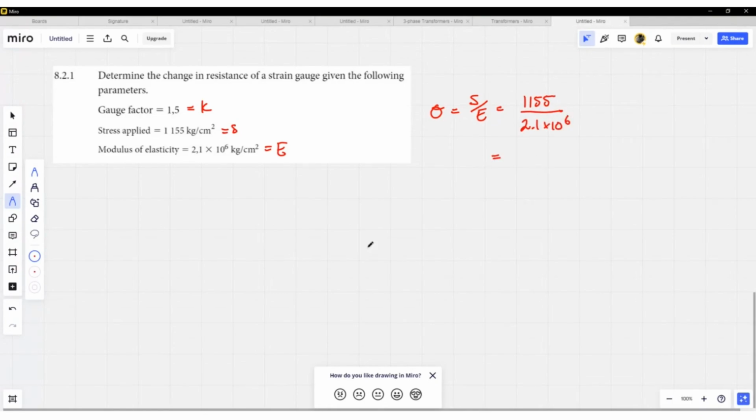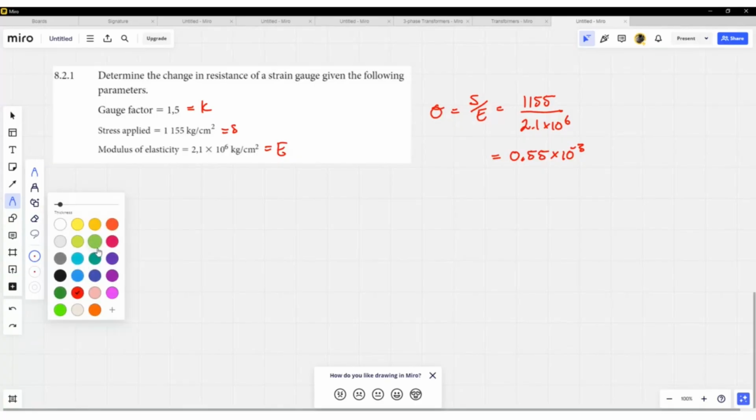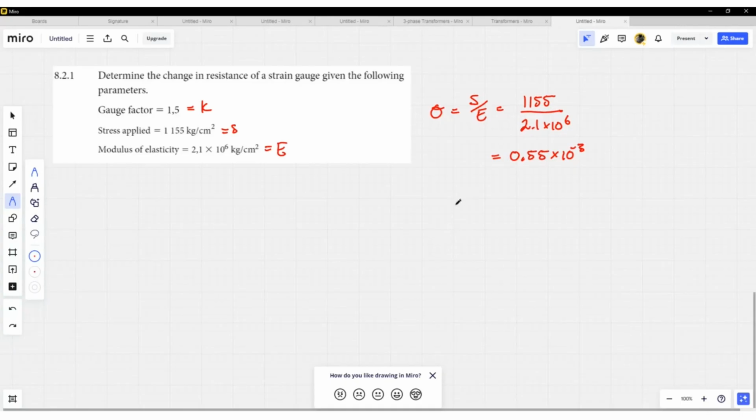That's going to give you 0.55 times 10 to the minus 3. And we can actually now go and calculate the fraction of resistance change. We don't have enough information to calculate the actual change in resistance. So I'm going to calculate the percentage of resistance change essentially.